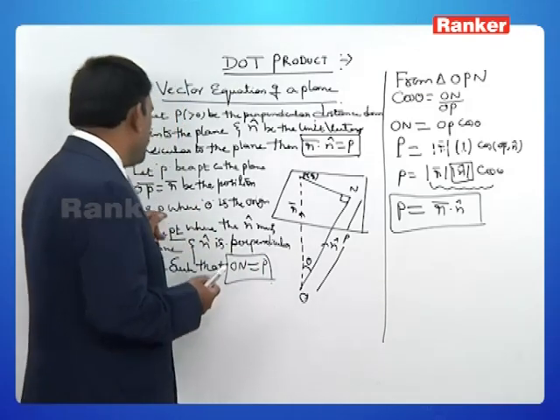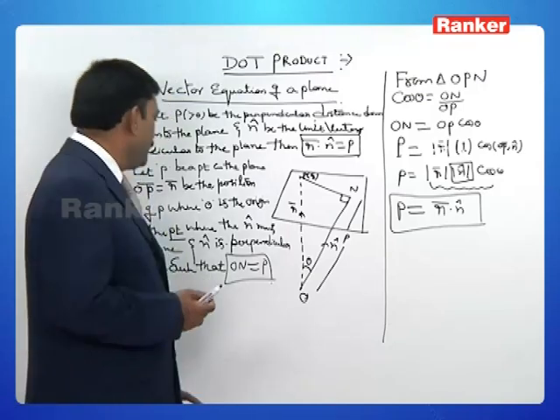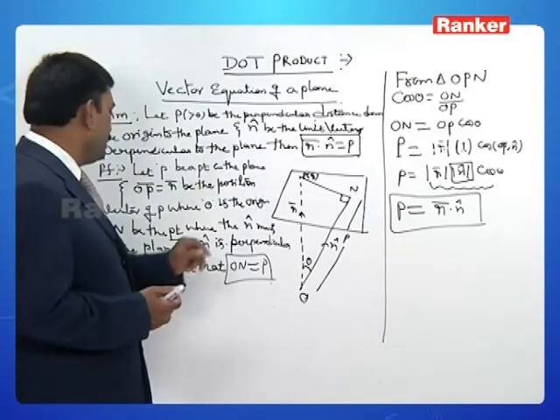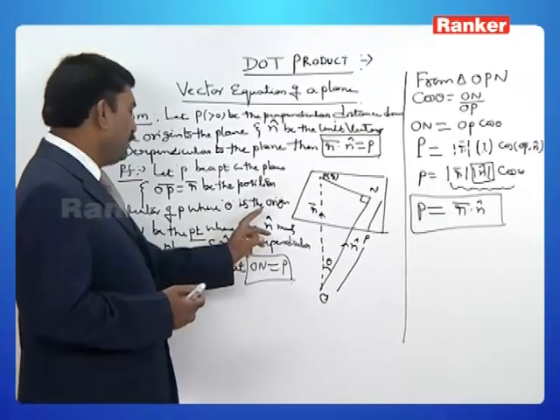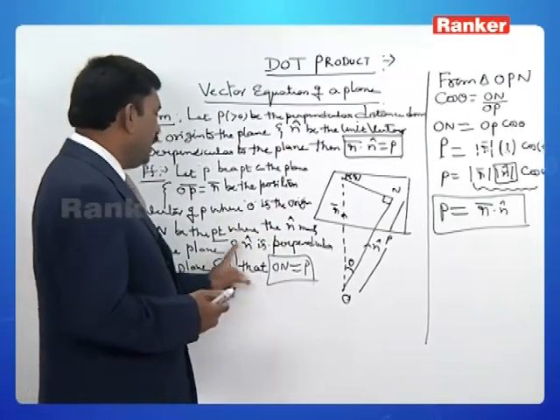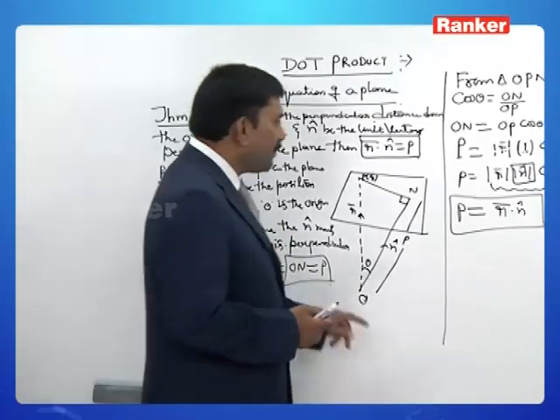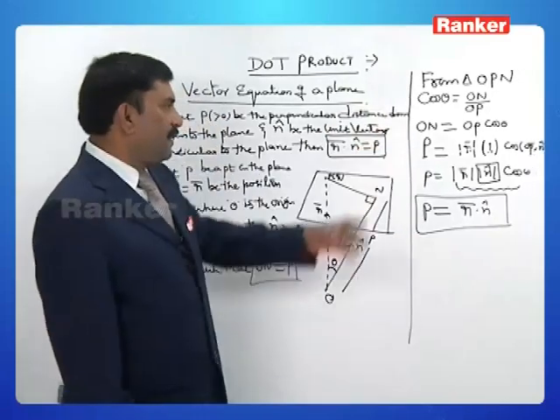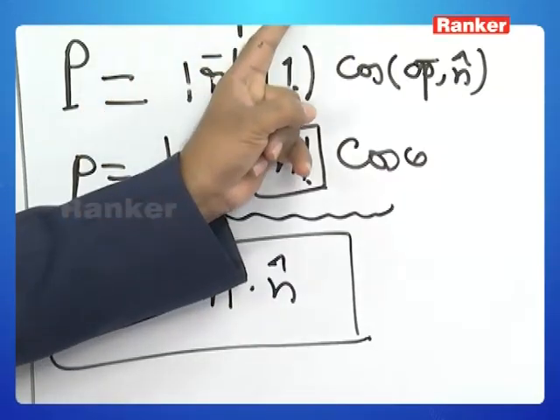You can very well observe and take this distance as perpendicular distance P. So therefore, OP bar be the position vector of P where O is the origin and N be the point where n cap meets the plane and n cap is perpendicular to the plane, such that ON is equal to P.